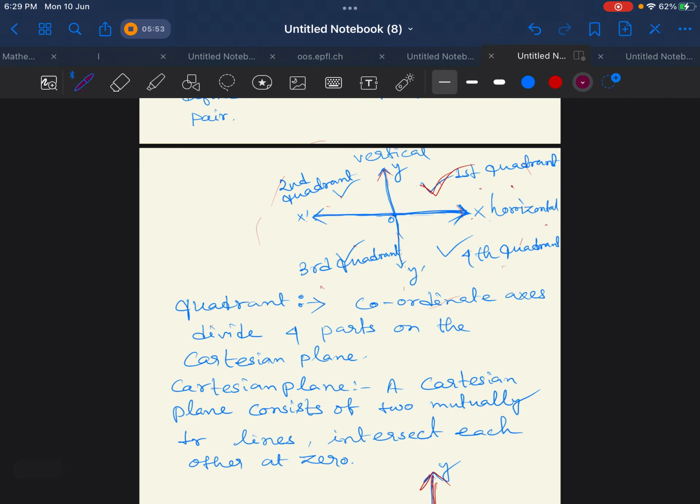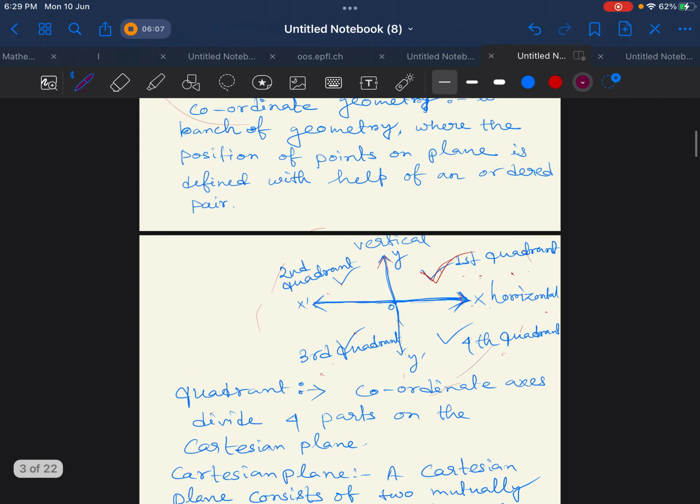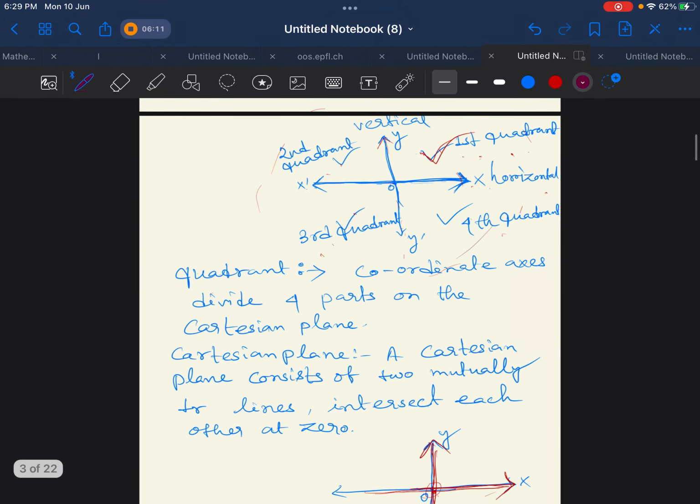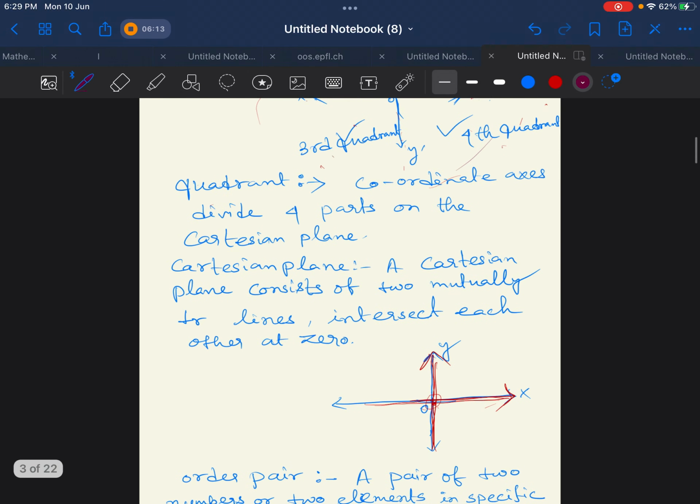These two coordinate axes divide this Cartesian plane into 4 parts. The first part is the first quadrant, the second part is the second quadrant, the third part is the third quadrant, and the fourth part is the fourth quadrant.